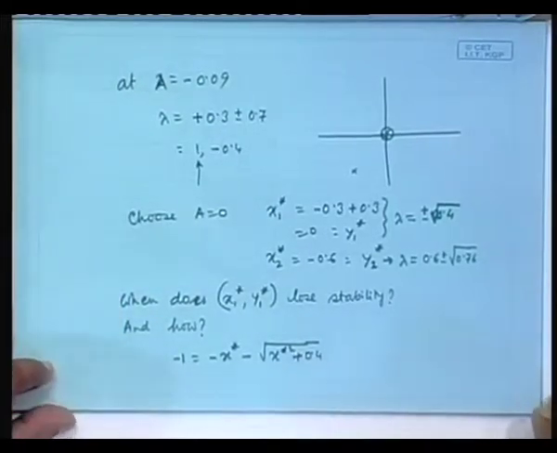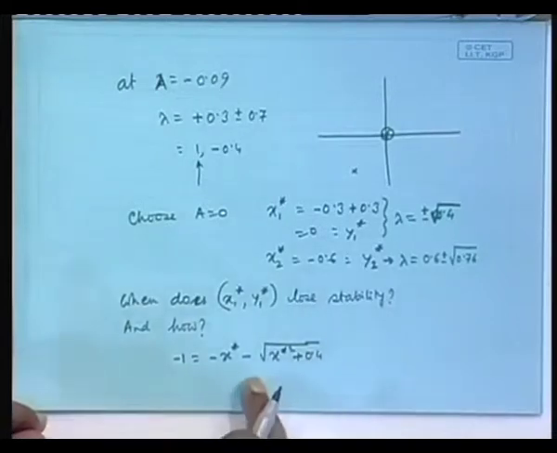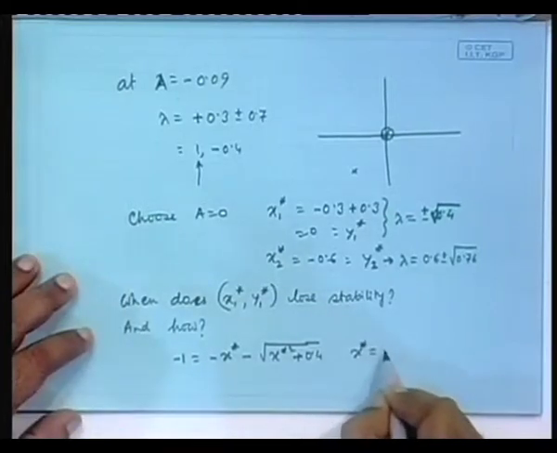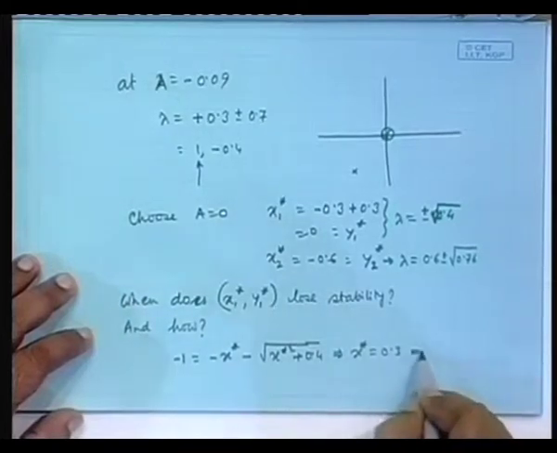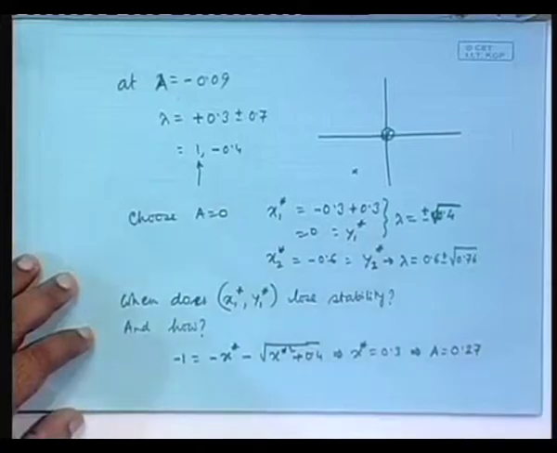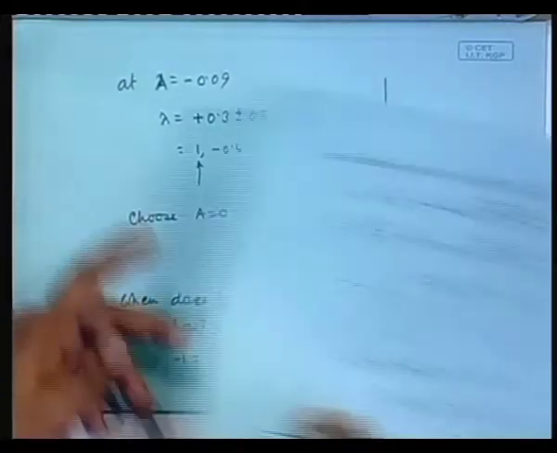Okay. So, what is the solution? Yeah, first you need to find x, and from there you need to find a. So, x star is equal to 0.3, and that tells you a is equal to, okay, referring back here.